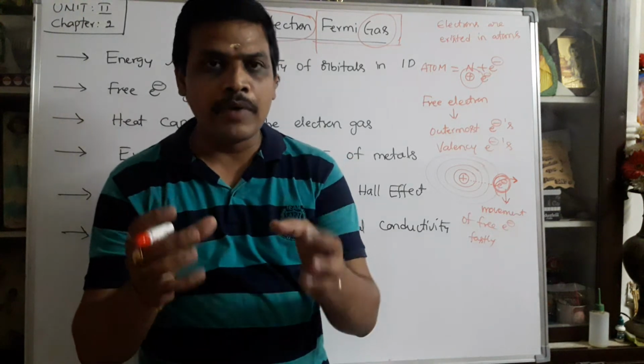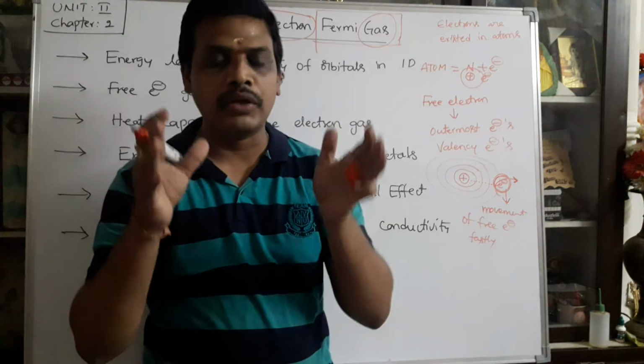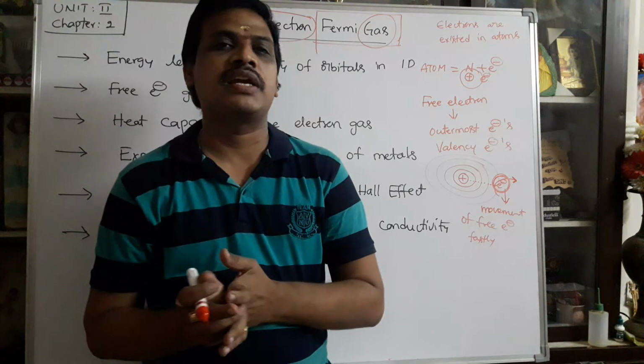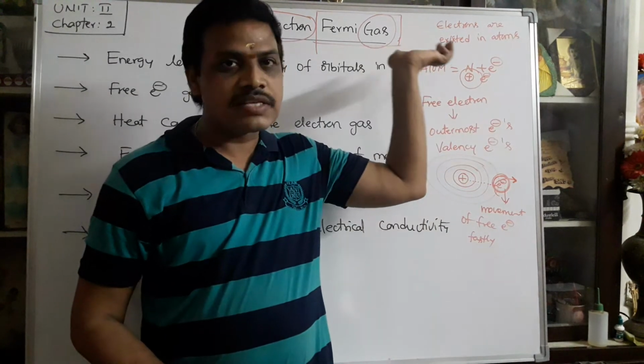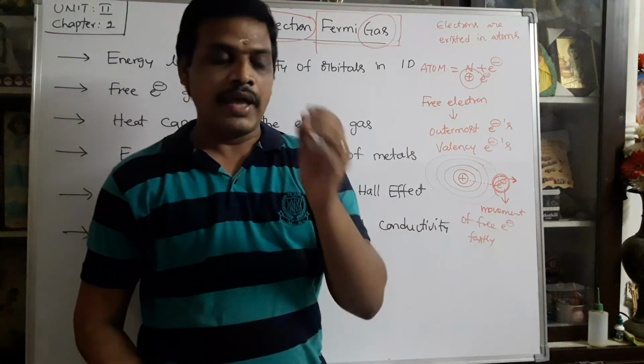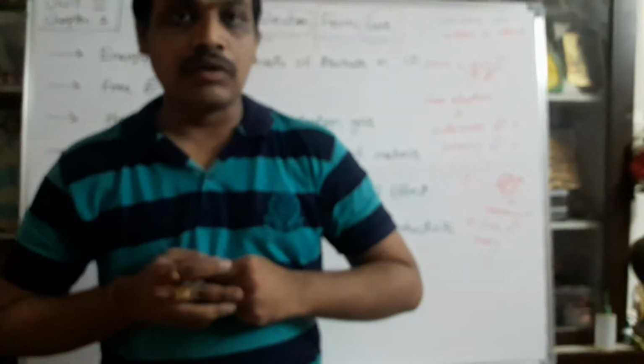When a number of free electrons exist in a unit or prescribed volume, that state is called a gaseous state. There is no bounding force between the electrons or atoms. That is called a gas.